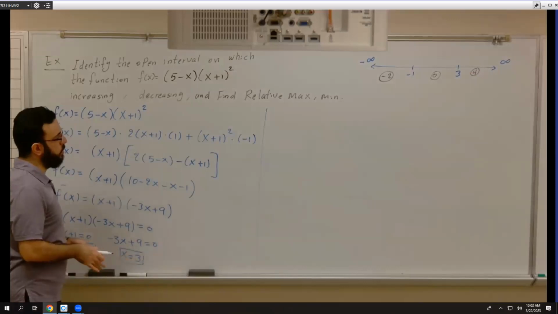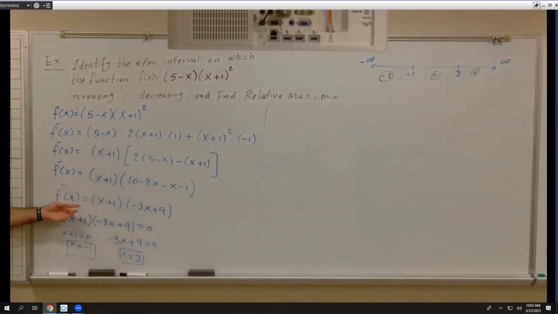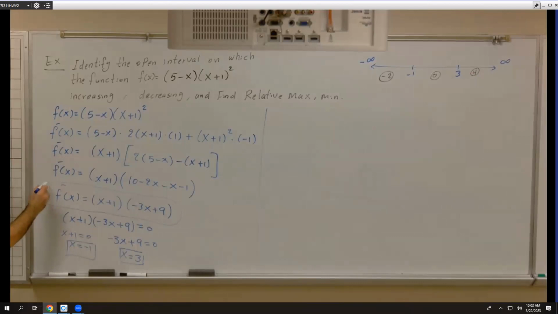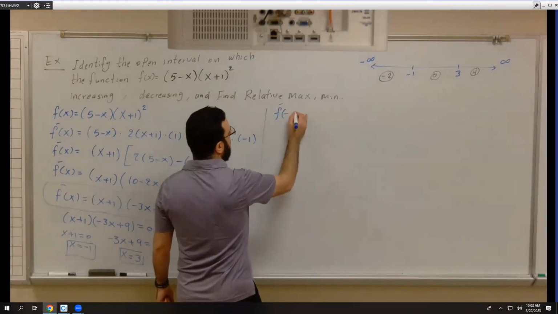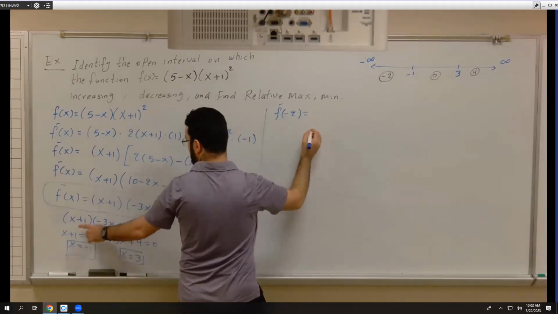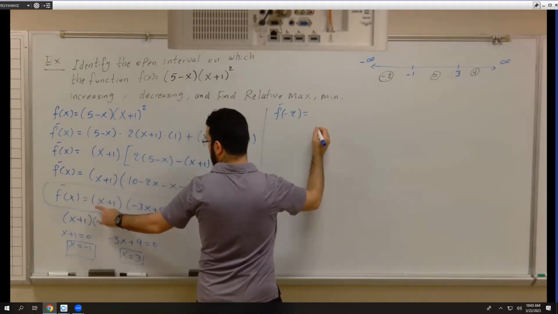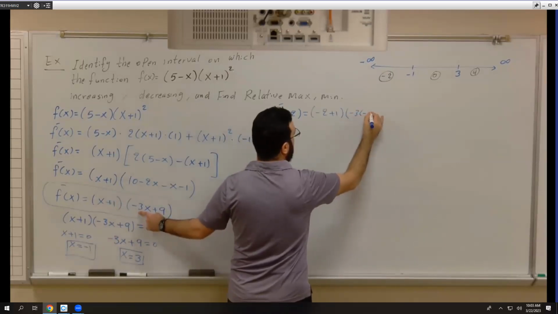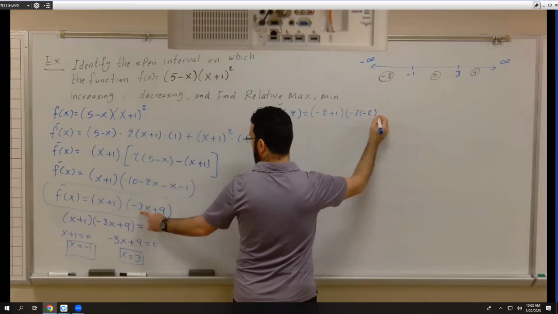The first thing we need to check: where is my derivative? Here. I'm going to use this one as the derivative, not the simplest one. Now, f prime of negative 2 is going to be negative 2 plus 1, times negative 3 times negative 2 plus 9.